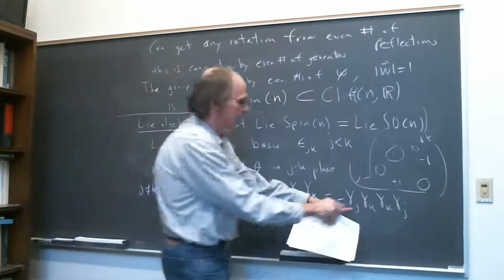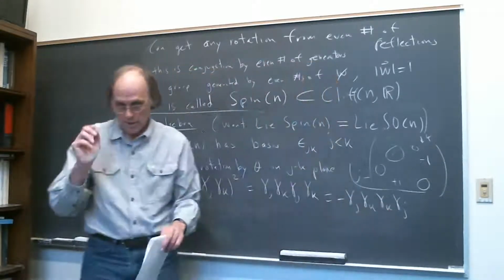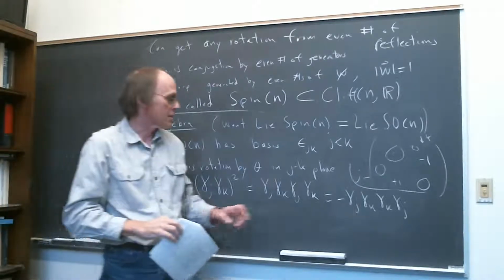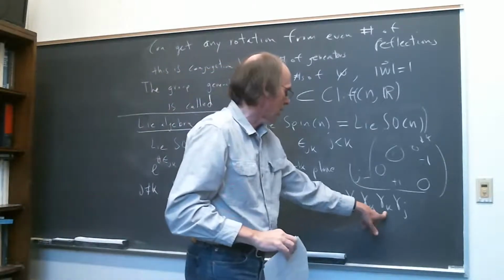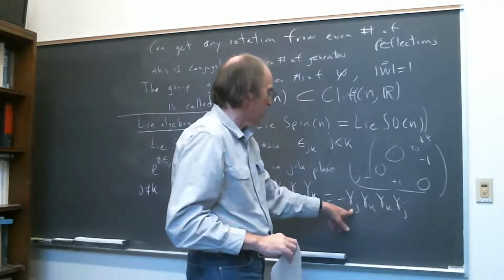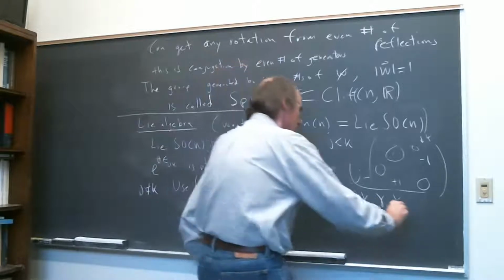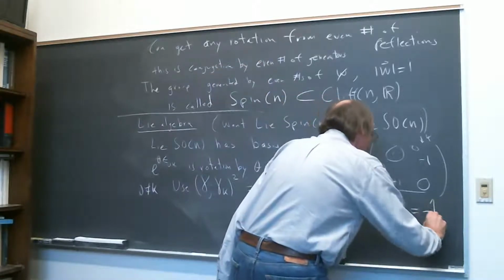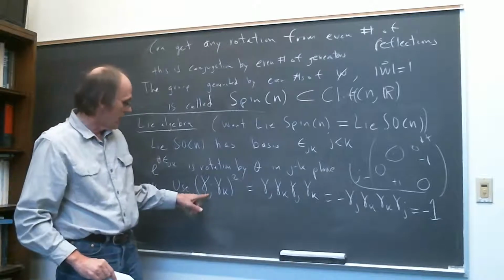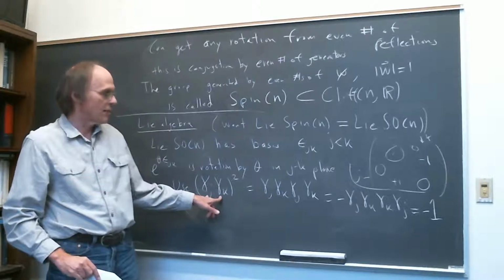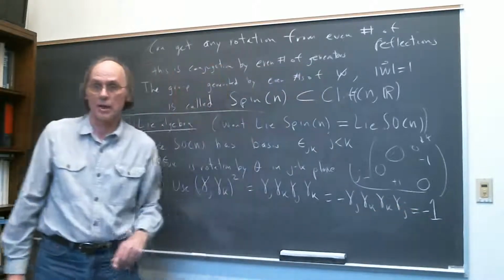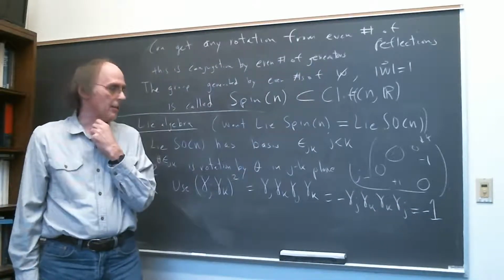But now these guys, if you multiply them by themselves, you get 1. So gamma_k squared is 1, and gamma_j squared is 1. So this is equal to minus 1. These are things that if you square them, you get minus the identity.